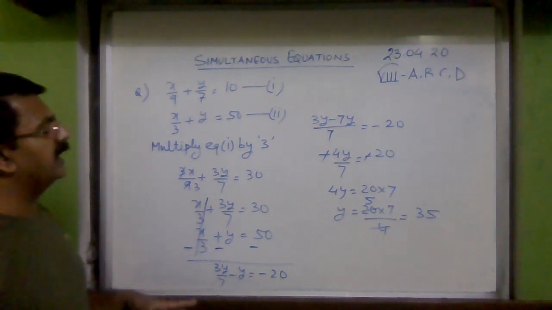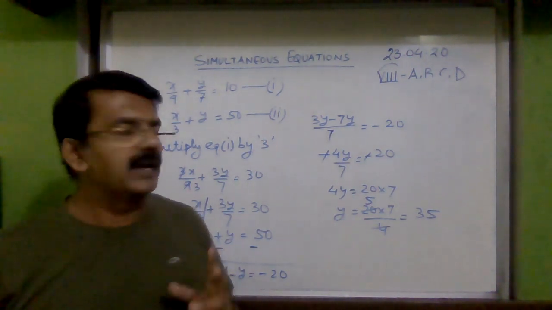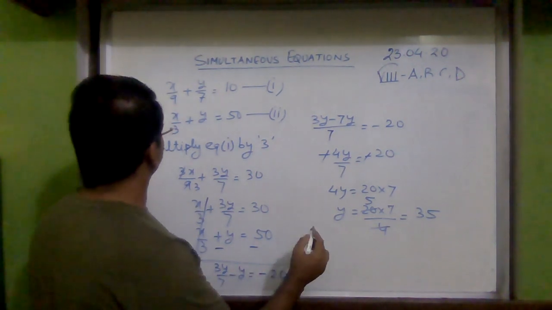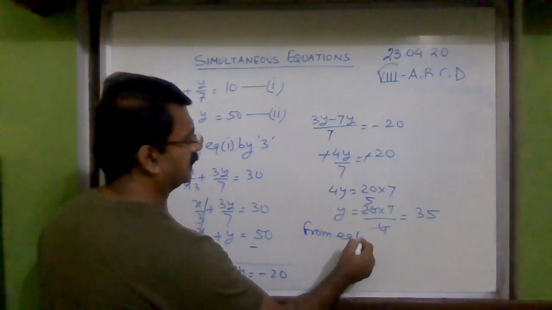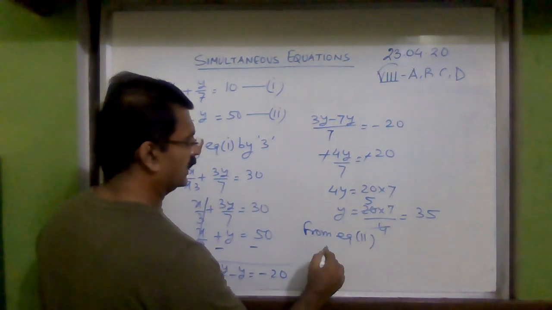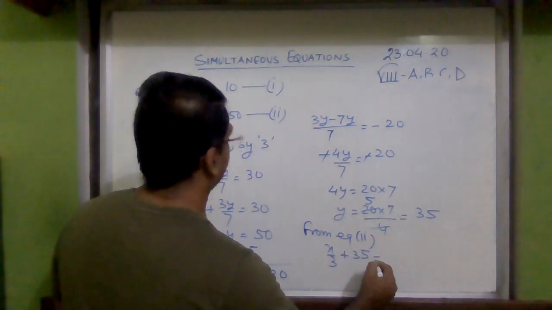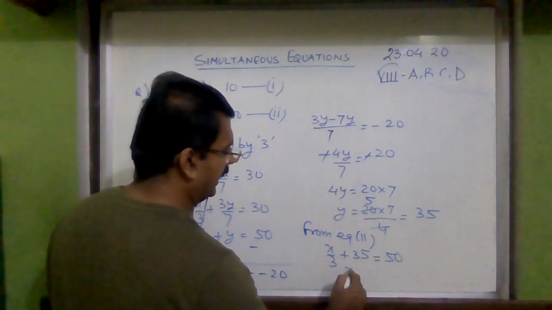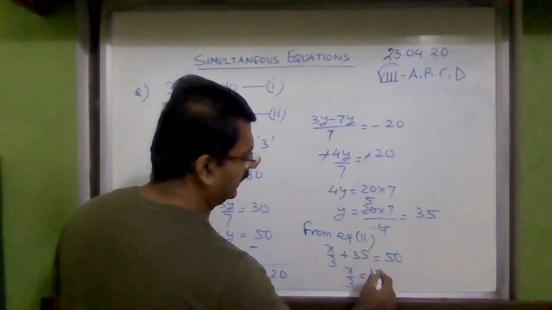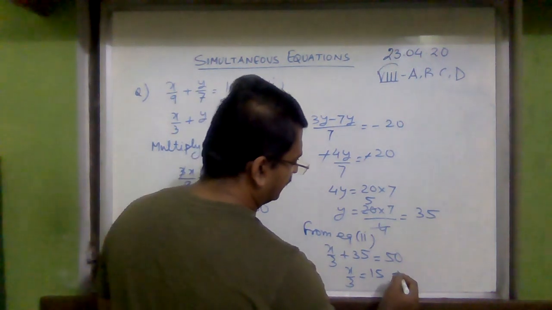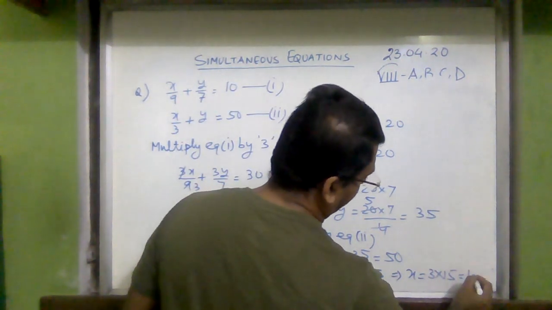Now you put this value of y, say, in equation number 2. Then we'll get the value of x. So from equation 2, x by 3 plus 35 is equal to 50. So x by 3 is equal to 50 minus 35, which is 15. Now you cross multiply, then x will be equal to 3 into 15, that is 45.